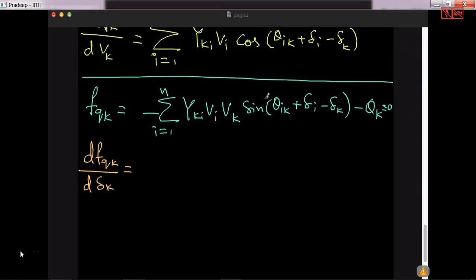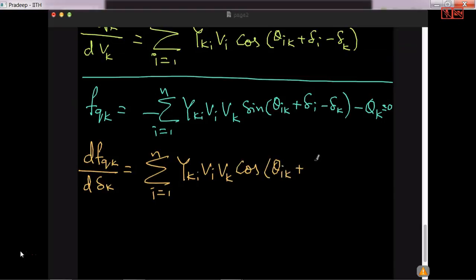That minus sign will cancel out the outside minus sign. So finally I will get the sum from i equal to 1 to n of yki vi vk cos of (theta ik plus delta i minus delta k). That's it. Because Qk is a constant, its differentiation is 0.